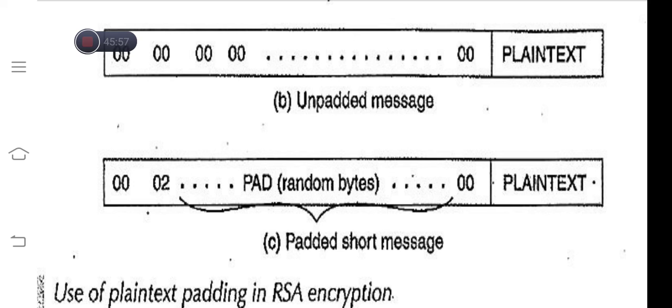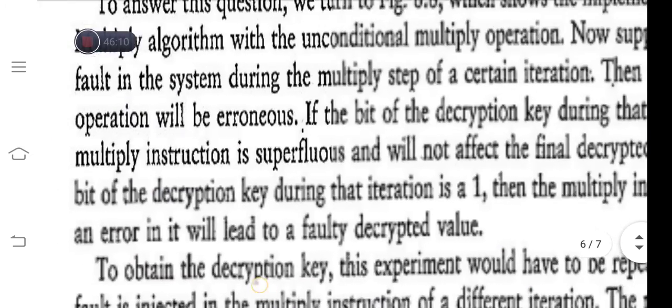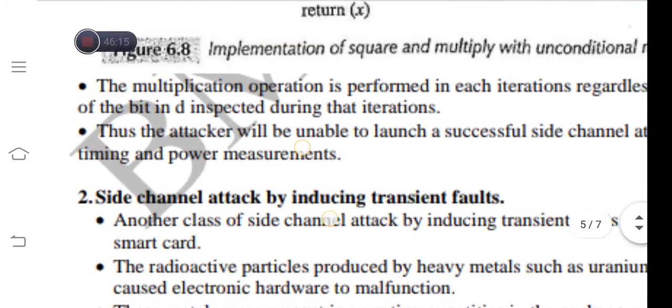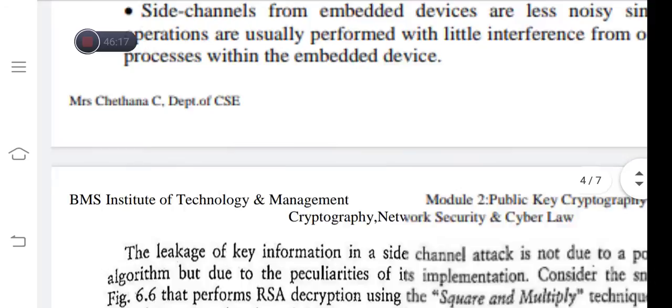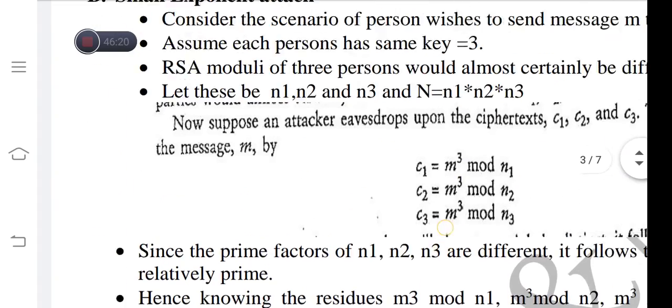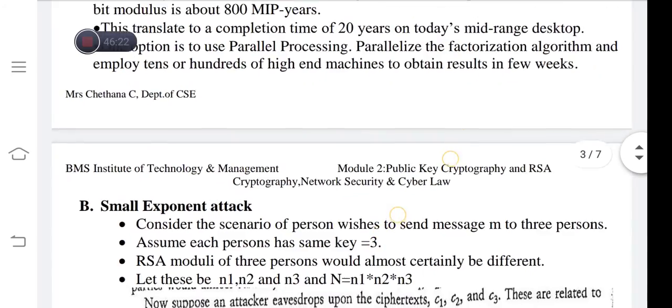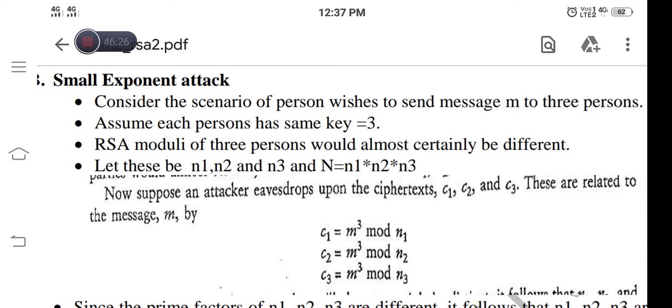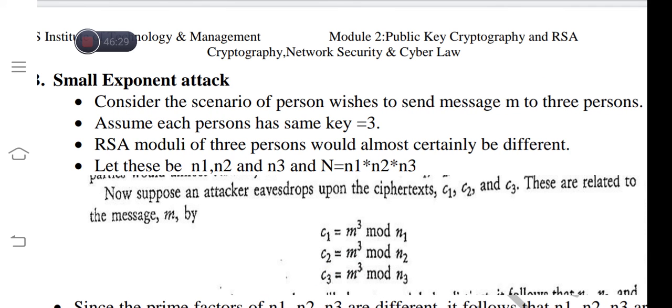So by applying this padding technique to the message, we have discussed in the small exponent problem, that is in the second type of attack on the RSA, the small exponent attack, where the three persons were using the key value which is equal to 3.